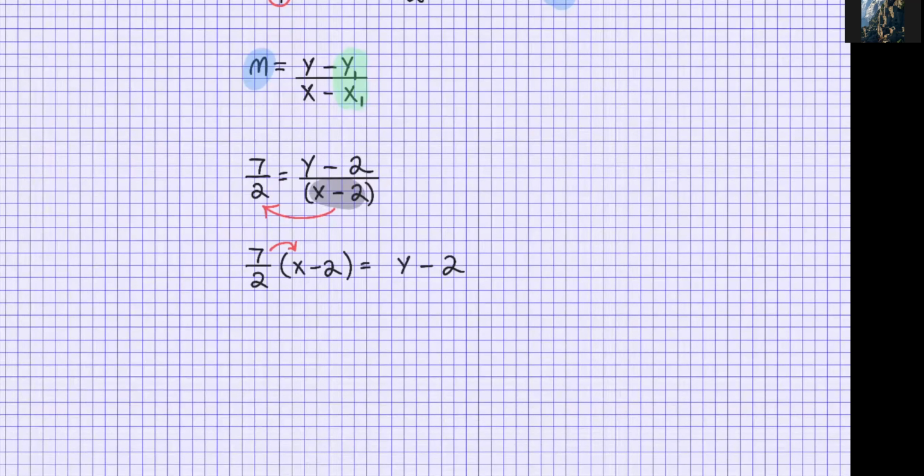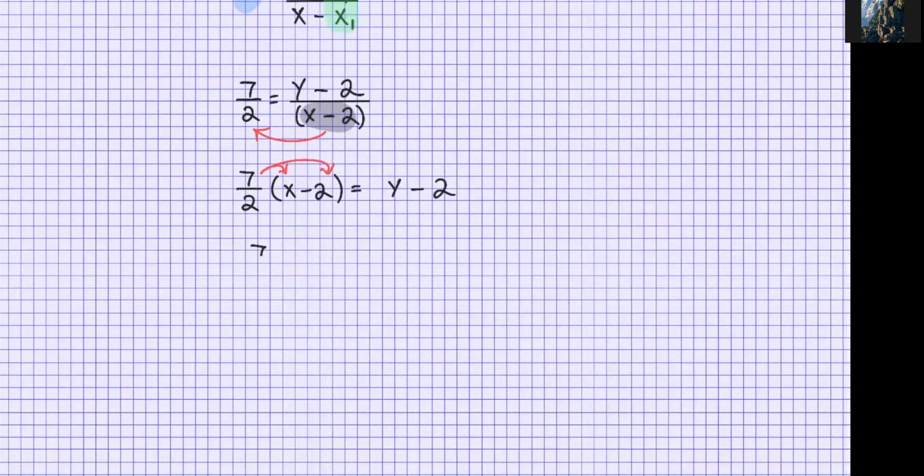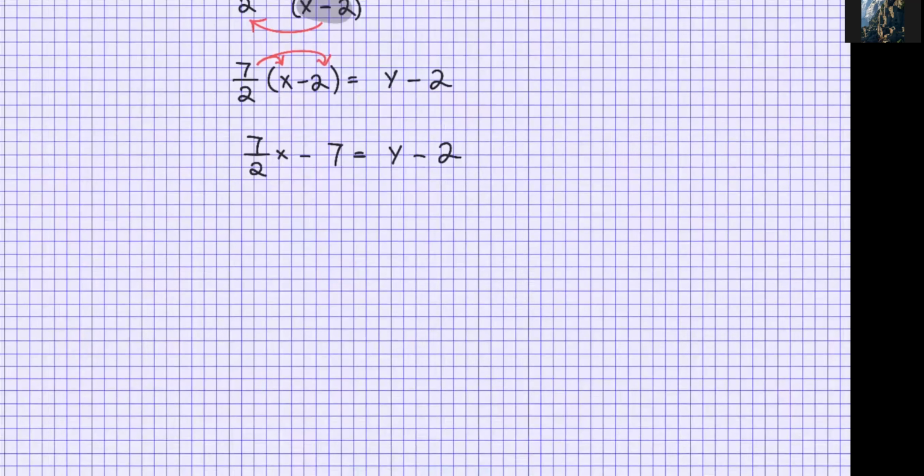We apply distributive property. 7/2 times x is 7/2 of x, minus 7/2 times 2 is 7, and this is equal to y minus 2. Now this 2 is subtracting on this side. It will go to the other side. So we will have 7/2 of x, and then minus 7 plus 2 will be -5.